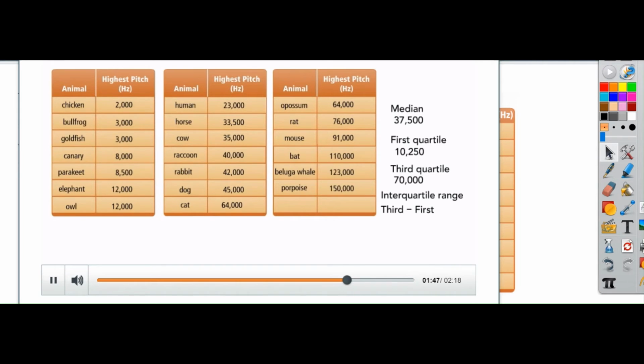So the third quartile minus the first quartile is going to be 70,000 minus 10,250. And once we subtract, we will end up with our interquartile range, which is 59,750.